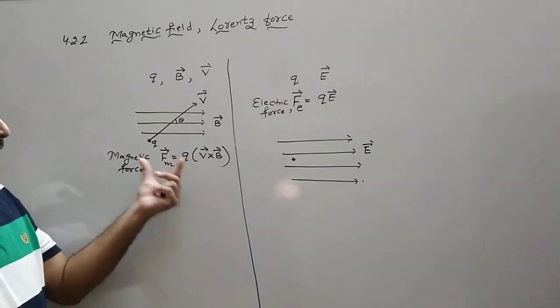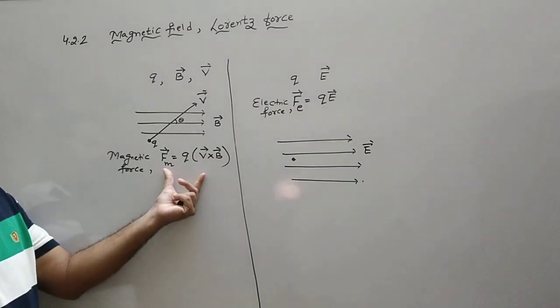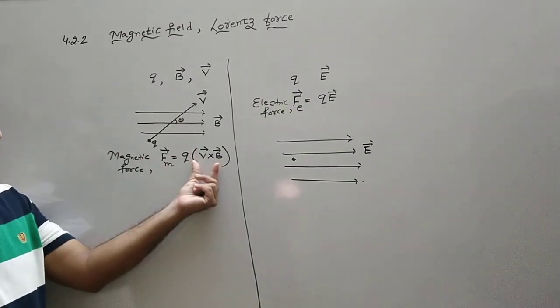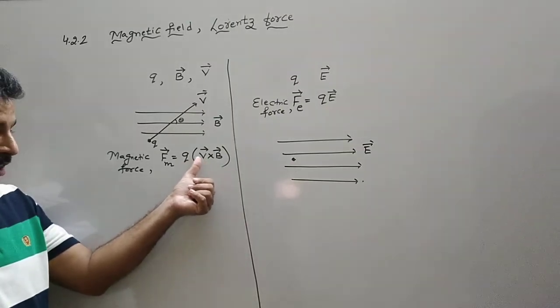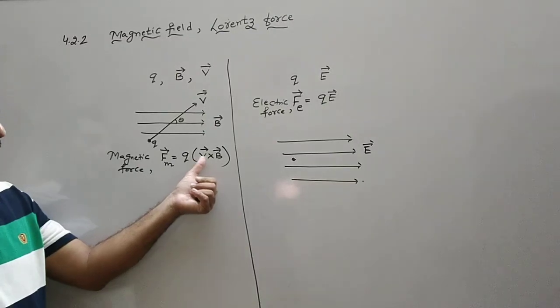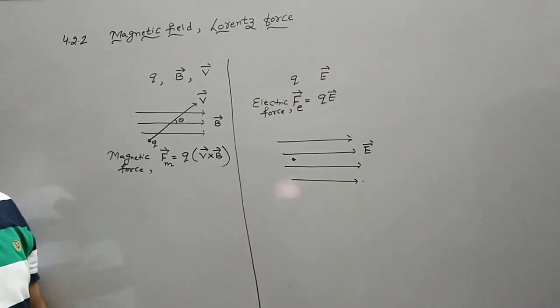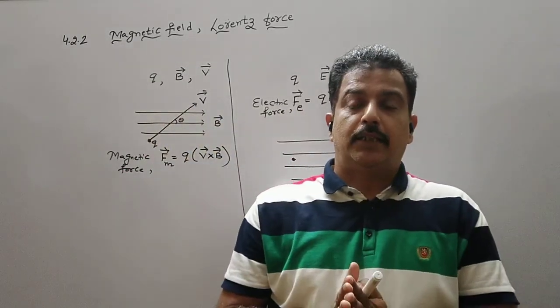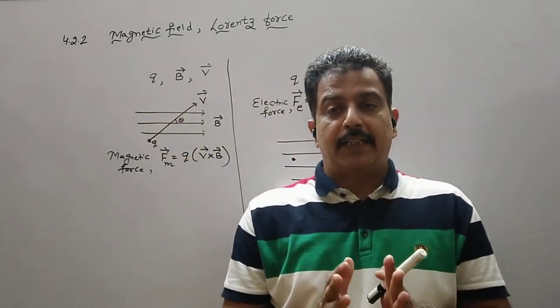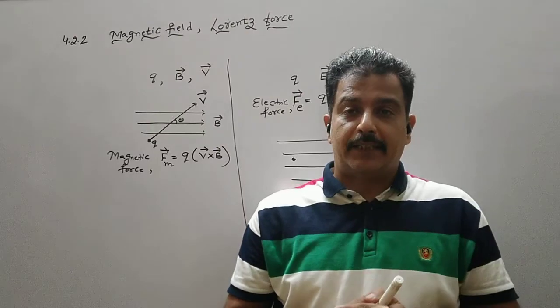Now this magnetic force depends on the magnitude of the charge, the speed with which it is moving, and the magnetic field. And the relation is the cross product between V vector and B vector.